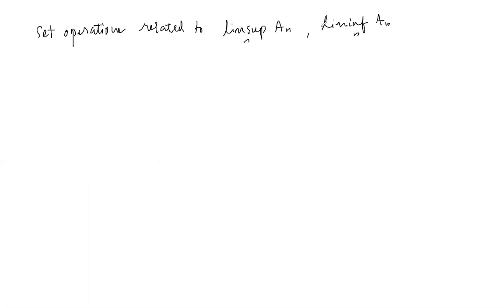Just to refresh your definition: by definition, for the lim sup of An, you take the union first, and only then you intersect.